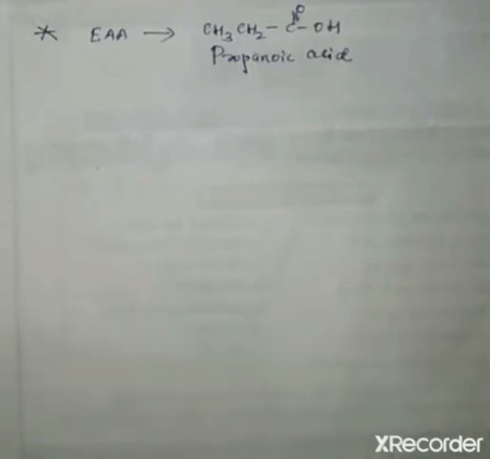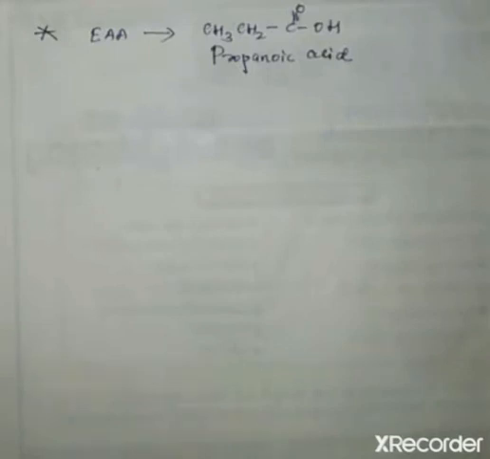For producing a monocarboxylic acid from ethyl acetoacetate, we have to treat it with alcoholic KOH to remove the carbonyl group, or keto group, from this molecule.